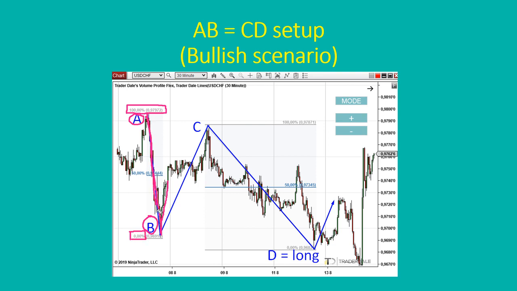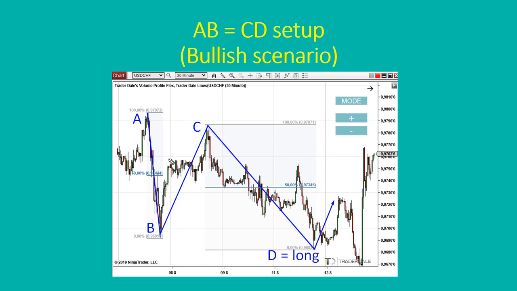So this is the distance from A to B, and this is the distance from C to D. And it is the same. So let's say that A to B is 50 pips, then C to D will also be 50 pips. That's how you determine where the price should turn, where you should go long.